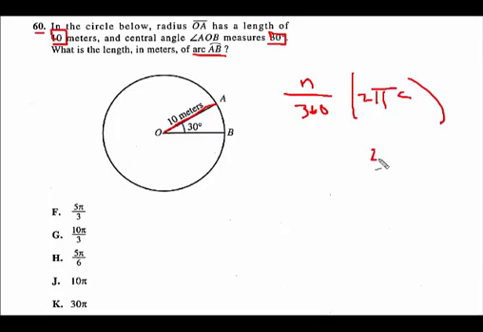We could say 2 pi 10, and our arc n value is going to be 30, so it is 30 over 360, and then you just plug this in on your calculator and crunch out an answer. And when you do that, you're going to come up with 5.23.